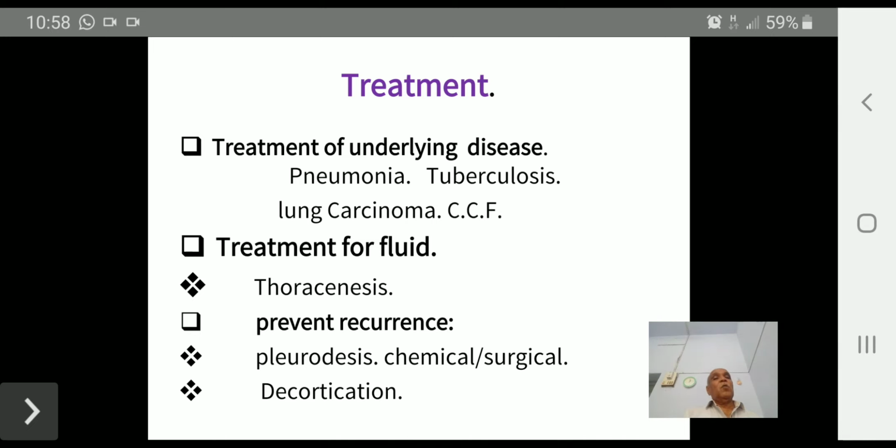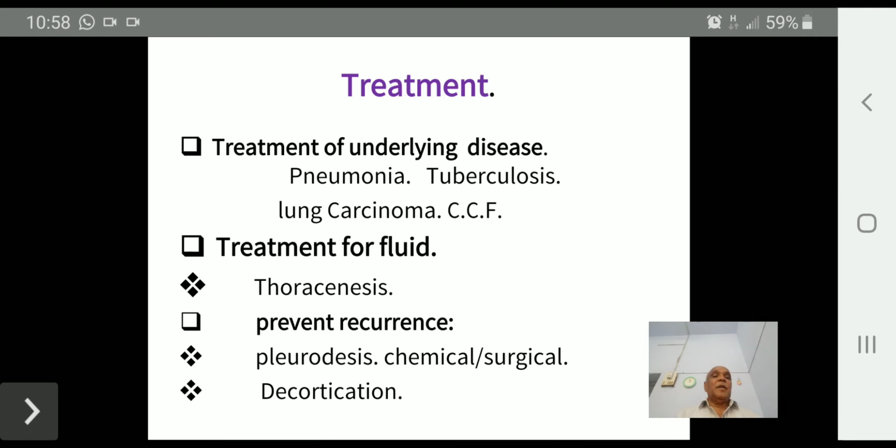40% of pneumonic patients develop effusion. It is called parapneumonic effusion, effusion with pneumonia. The majority of patients who have pneumonia and develop effusion do not require pleural tapping.